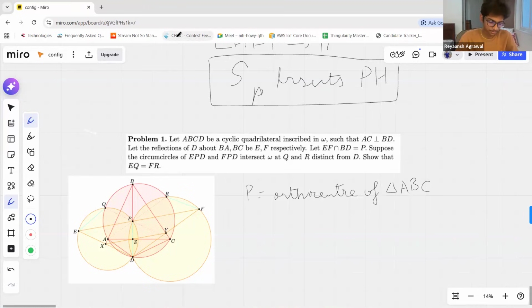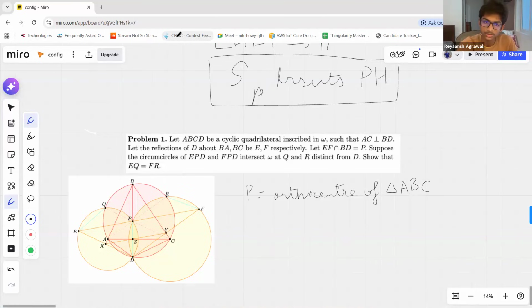What can we say about circle DPE? This circle has the center A. No, not necessarily.